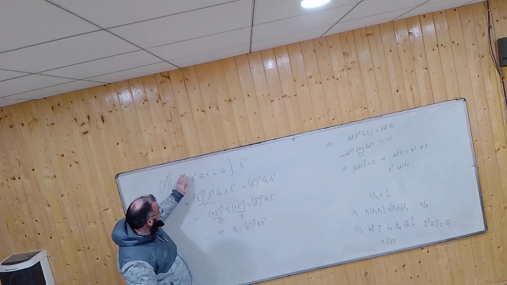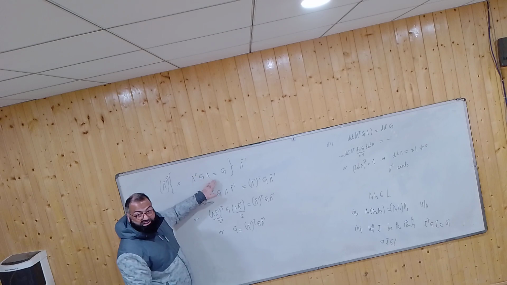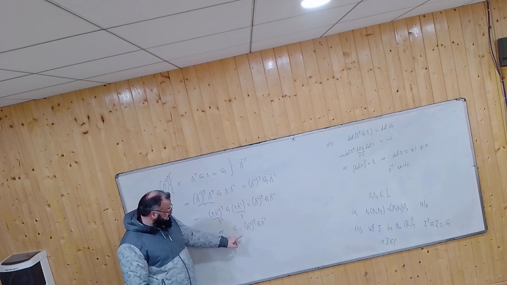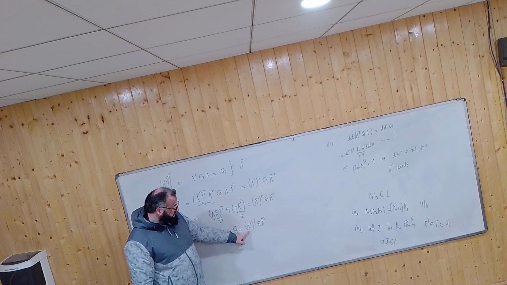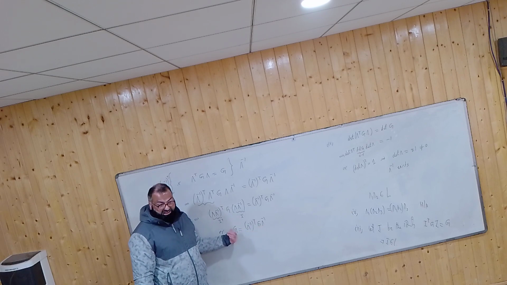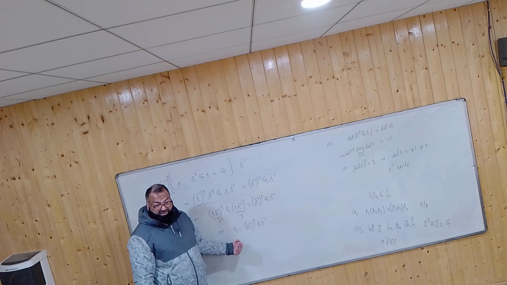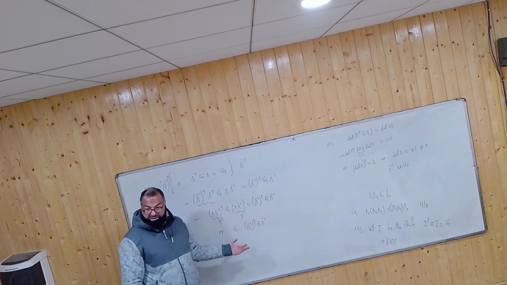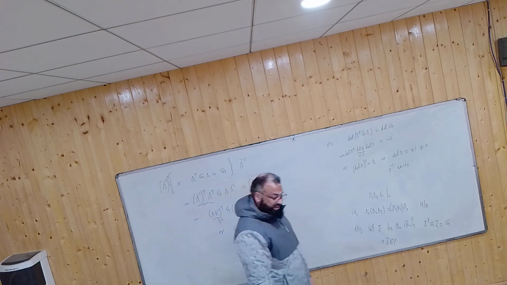Clear? So what do you have? An element, its transpose G, the element, is equal to G. What is the element here? Lambda inverse. So it satisfies the same condition. So it belongs to the group. That means the inverse exists within this set.